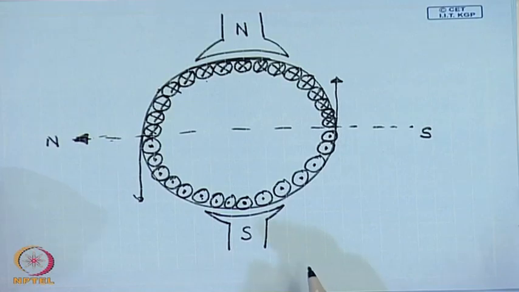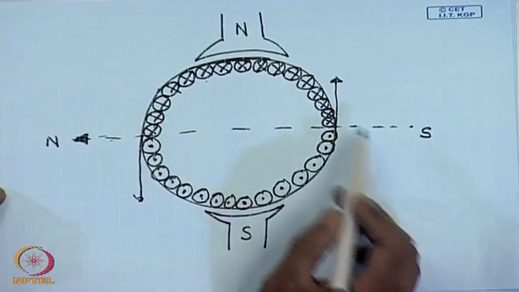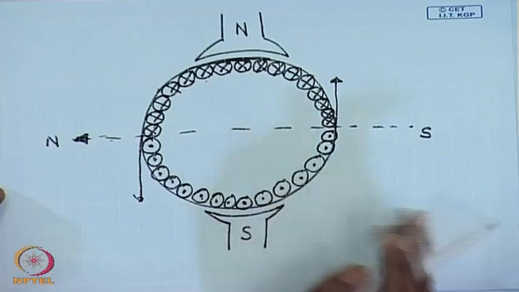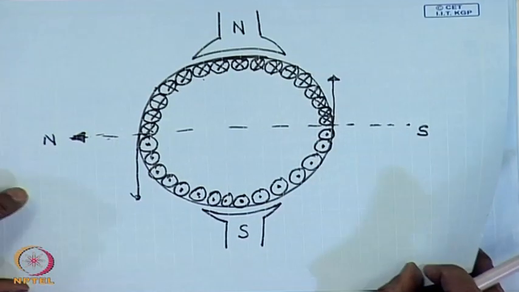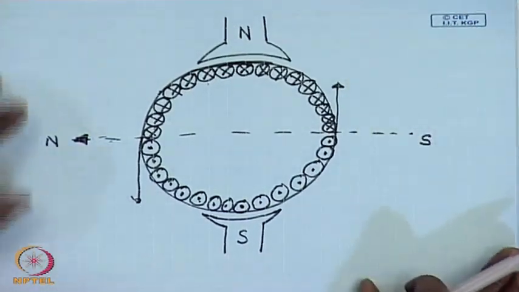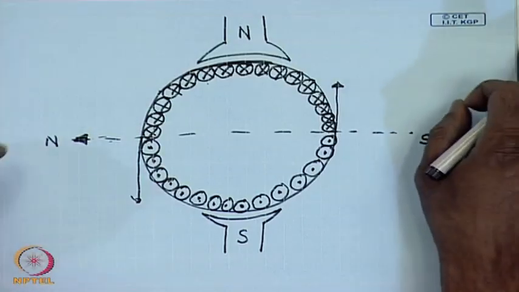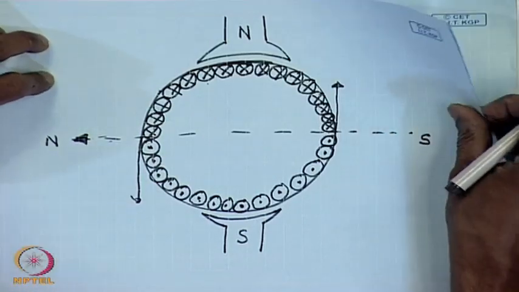That is, a commutation arrangement has to be devised so that as and when one coil passes the commutator, its direction of current changes. This is necessary in order to maintain a uniform unidirectional torque in this machine. So, let us see how a commutator is to be arranged for this particular machine.